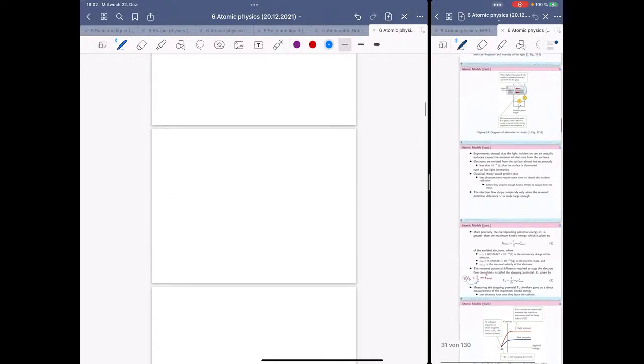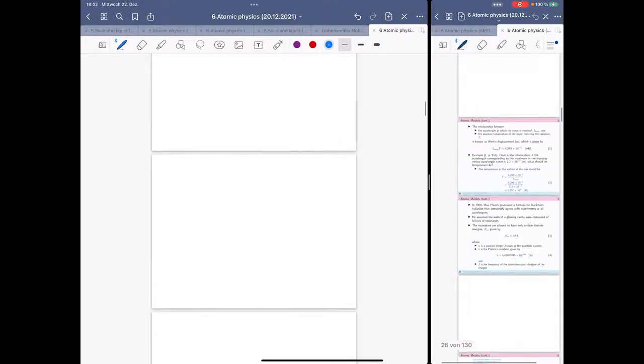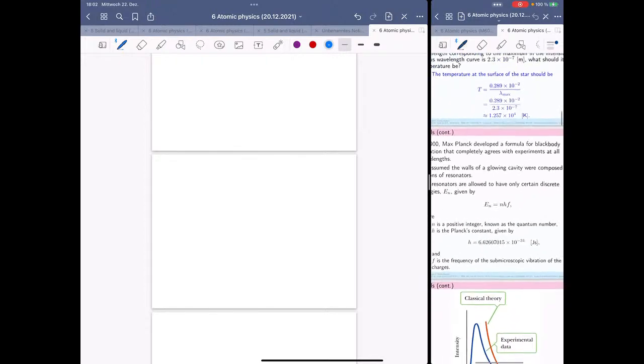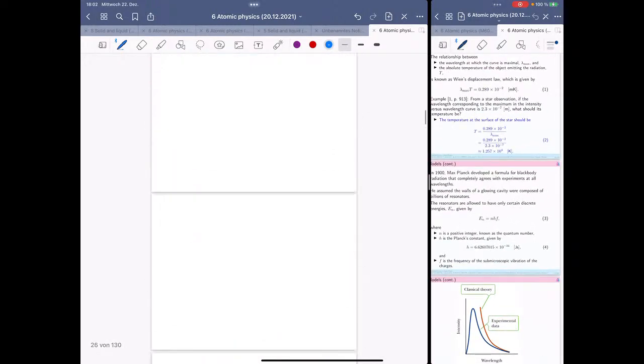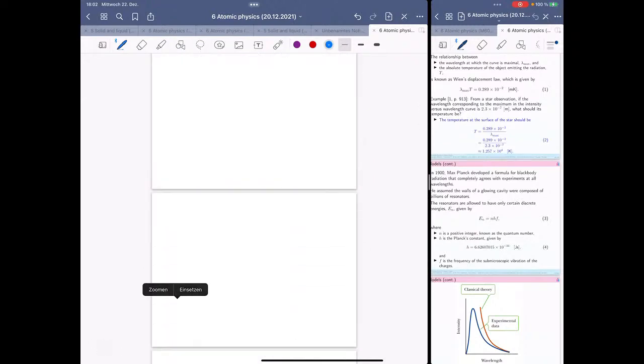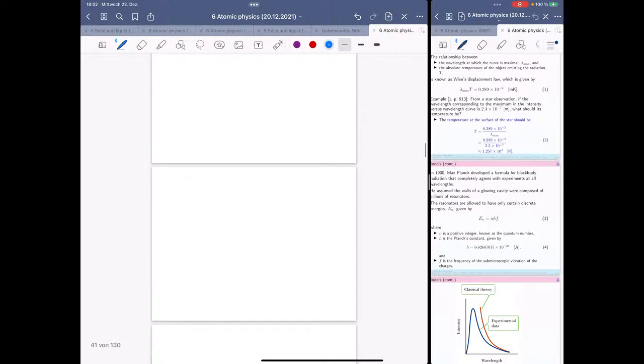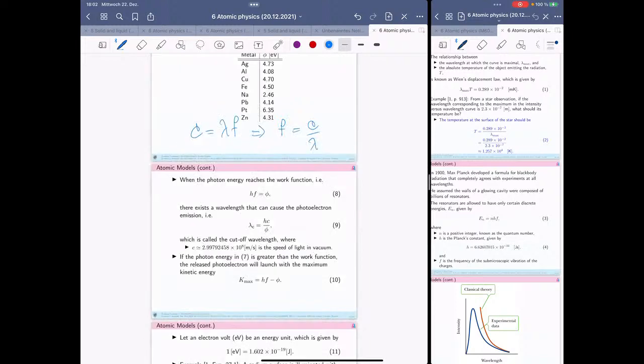Really at the beginning. Here, in equation number 4. Now we can go ahead with our story.